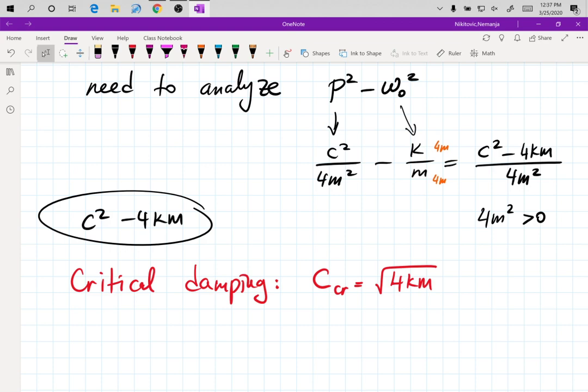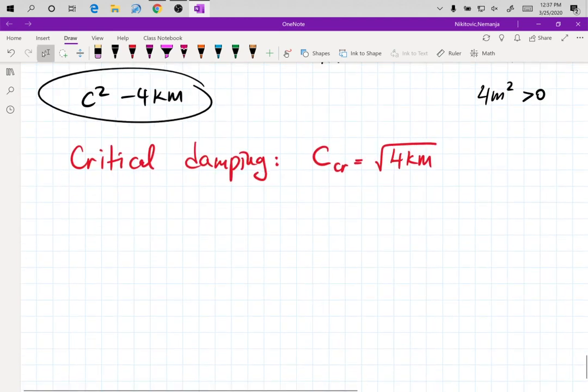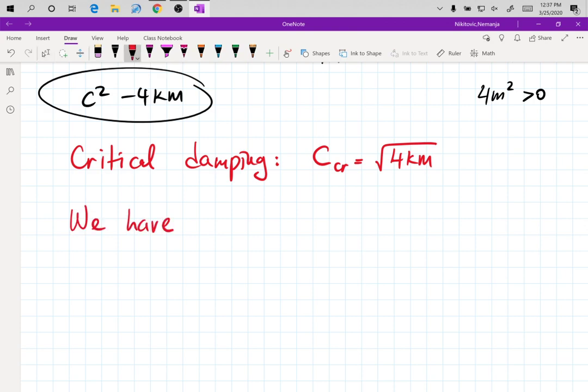And now we are able to define 3 cases, 3 different solutions. We have 3 possible solutions.